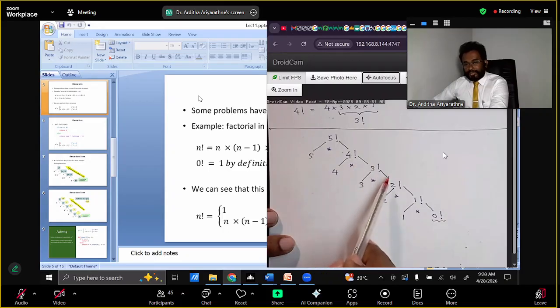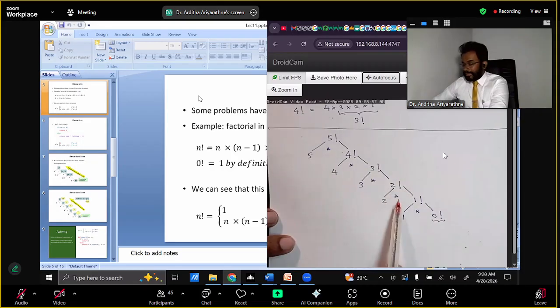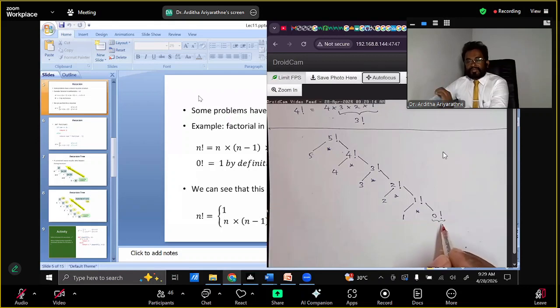Again a smaller version, 3 multiplied by factorial 2. Again smaller, 2 multiplied by factorial 1. Again smaller, 1 multiplied by factorial 0. From here onwards, no smaller version is available because this is the basic level. Once we reach the basic level, we have to stop.